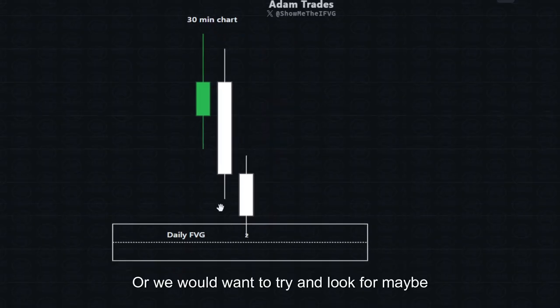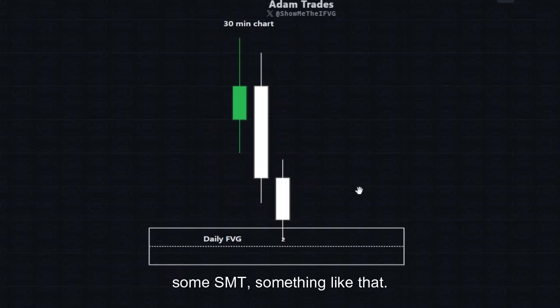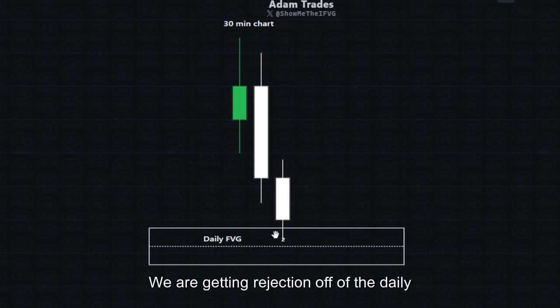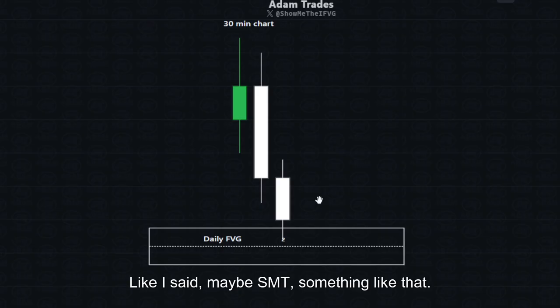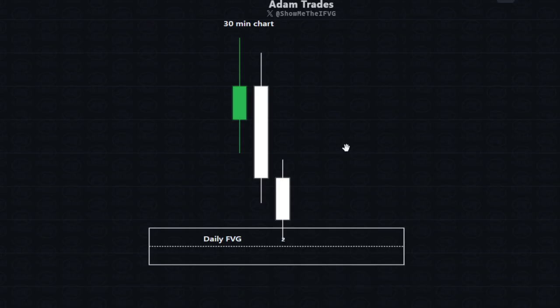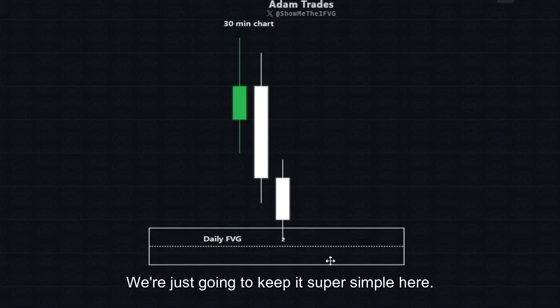Or we would want to try and look for maybe some SMT, something like that. Because yes, this is still relevant. We are getting rejection off of the daily fair value gap, but we are not closing back within the range. We would want to wait, or at least start taking in a lot more context. Like I said, maybe SMT, something like that. A little bit more advanced, so that'll be another video. We're just going to keep it super simple here.